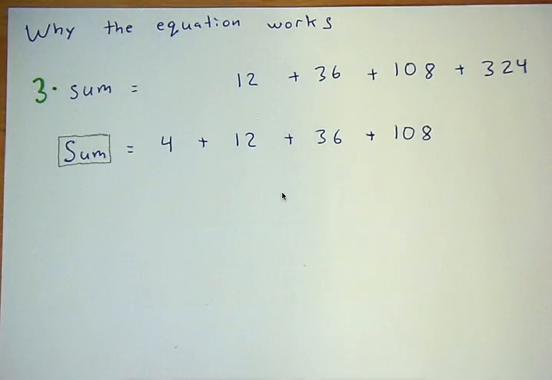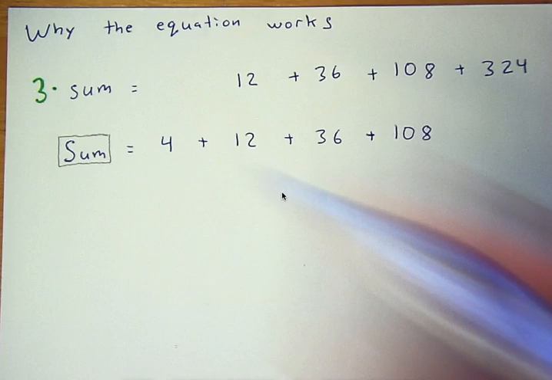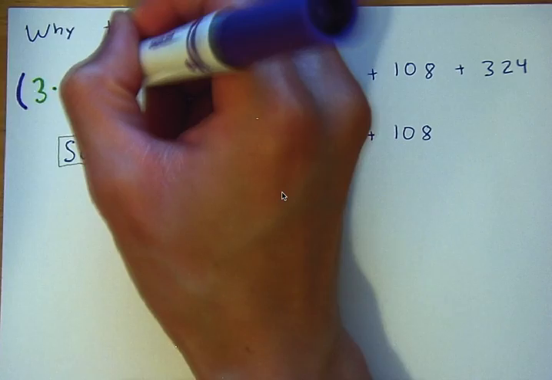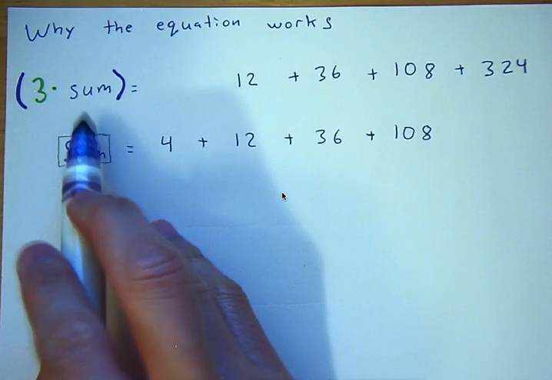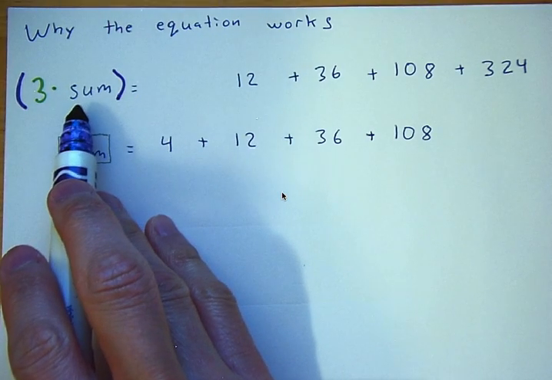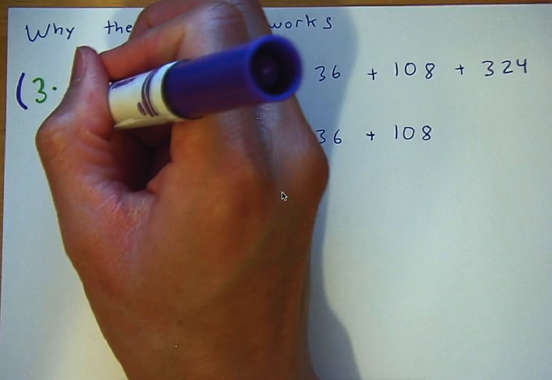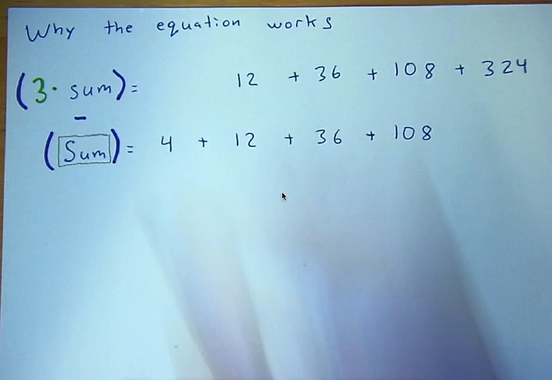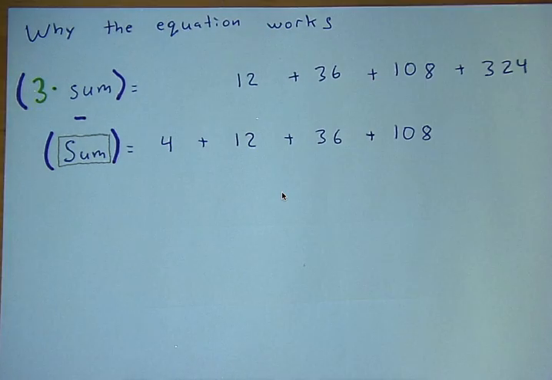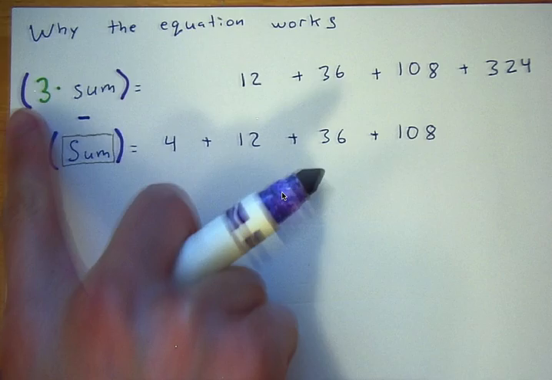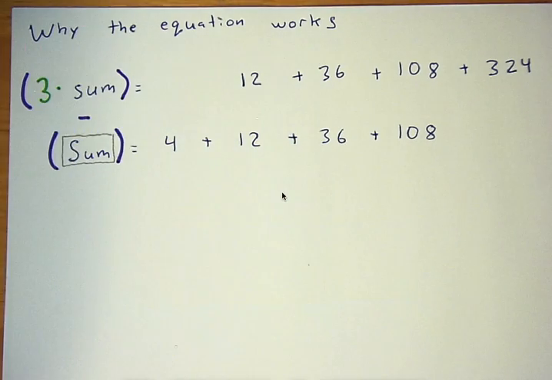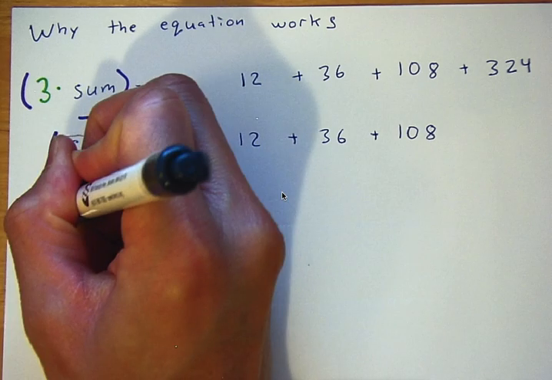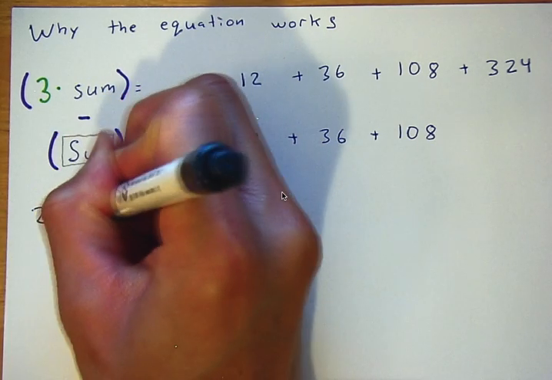So I'm going to do that right now. I'm going to take this side on the left minus this line. Okay. And 3 times sum minus sum equals 2 times sum.